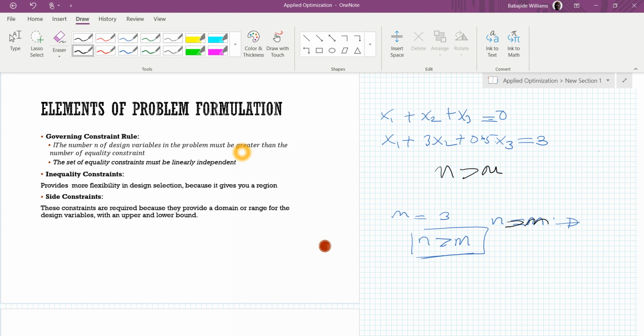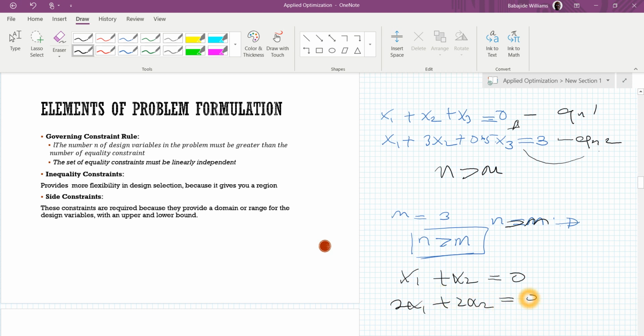Okay, so equation 1 cannot be scaled or directly gotten from equation 2. For example, if I have these two equations, x1 plus x2 equals 0, and 2x1 plus 2x2 equals 0, I know straight away that this equation is just 2 times this equation right here.